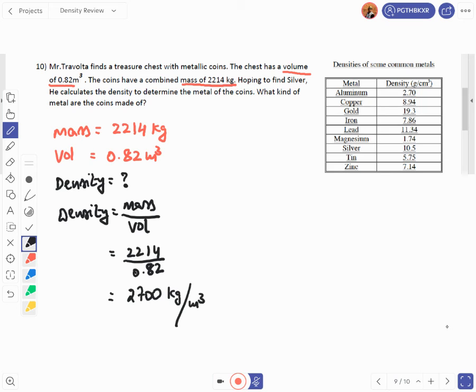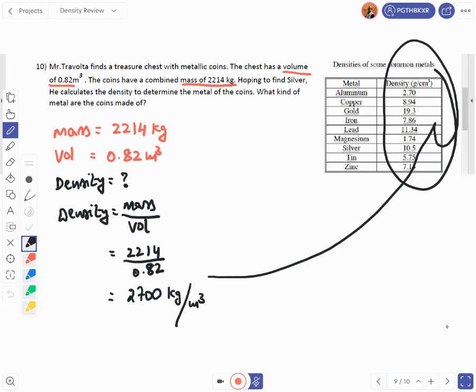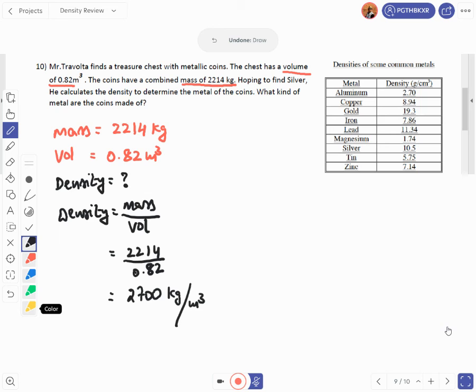Okay, but this number is not matching with any of the numbers in the given list. Please notice the units. The density is given in the table in grams per cubic centimeter, but I got the answer in kilograms per cubic meter. That is the reason the answer is not matching.